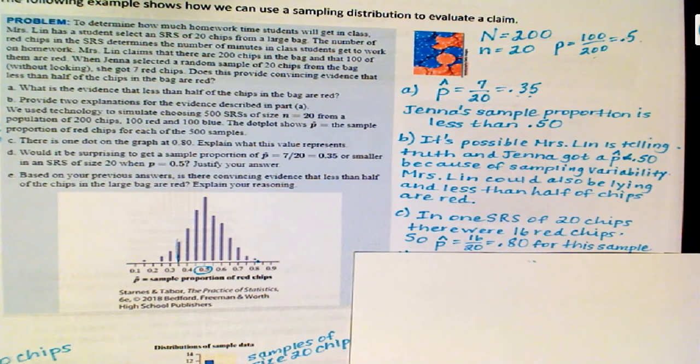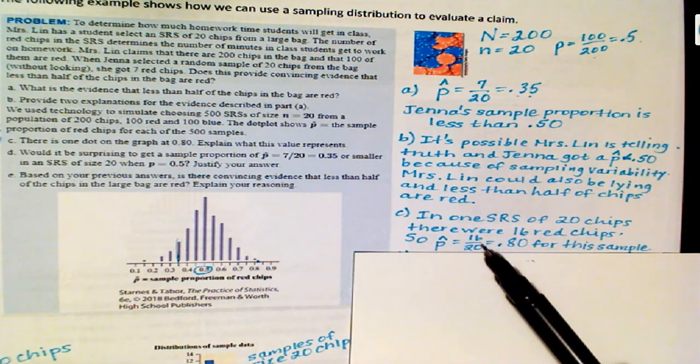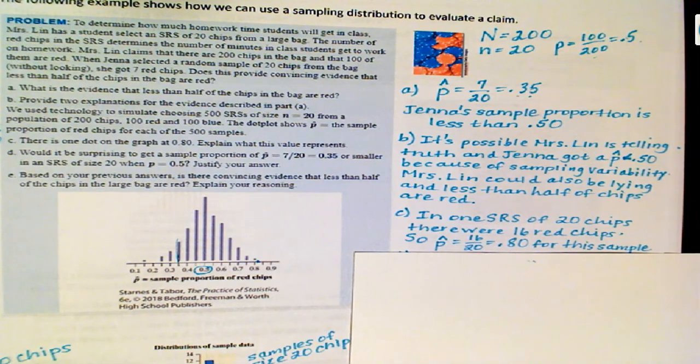So p hat was 16 out of 20, which is 0.8 for this sample. So that's how we came up with 0.8. It would have to be 16 out of 20 that were actually red. Okay? That's a lot of red out of 20 when half are red and half are blue. And there is only one case where that happened.